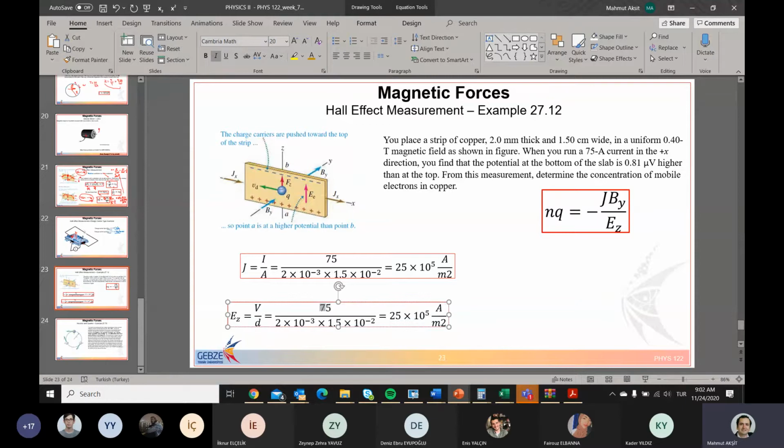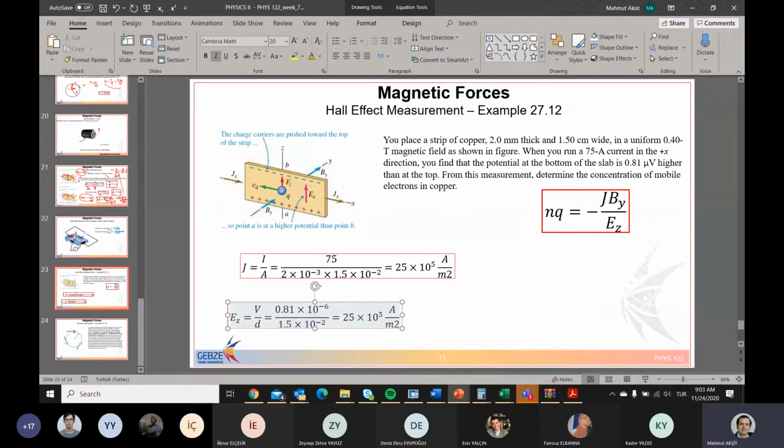Voltage is 0.81 micro, means 10 to the minus 6 volts, and the distance is 1.5 centimeter, 1.5 times 10 to the minus 2 meters.